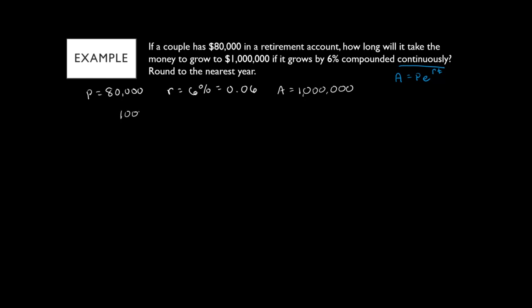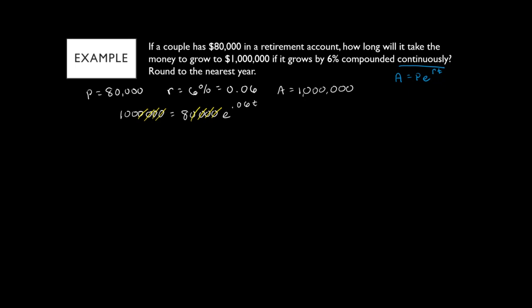So we have 1 million equals 80,000 e to the 0.06t. Now, when I've got something with lots of zeros on the left and the right, you can cancel out zeros, and this is just specifically for this type of equation, because you're basically dividing by powers of 10.